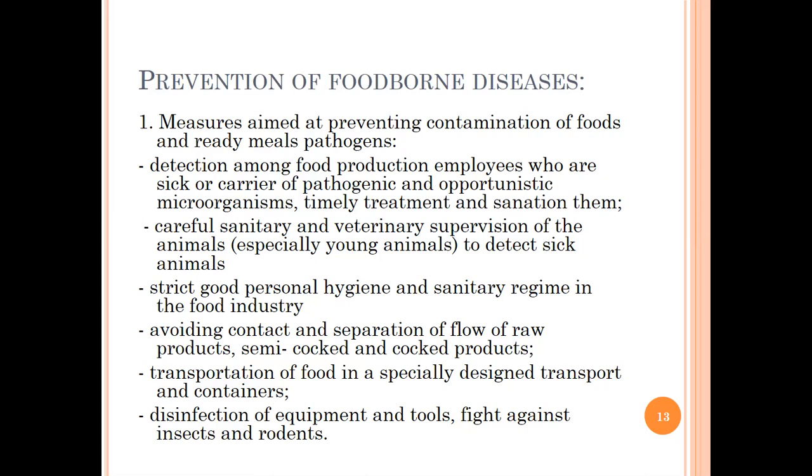Absolutely necessary is to avoid contact between ready cooked food, semi-cooked and raw food products. We need to separate them when cooking food everywhere, in kitchen or in food industry, catering, in cafe.